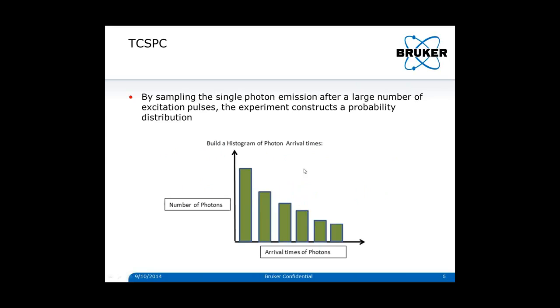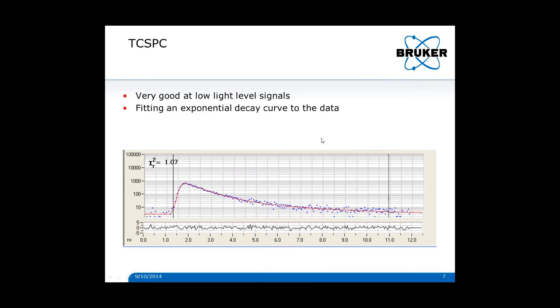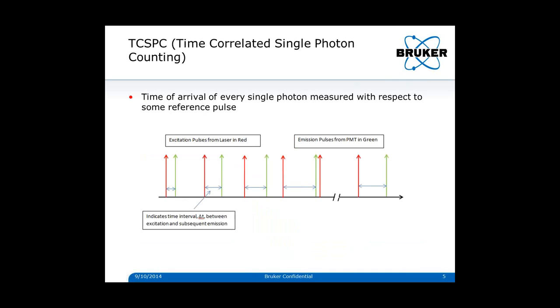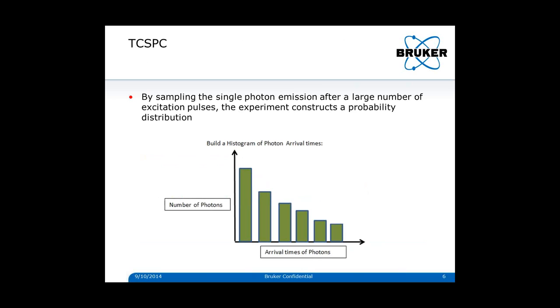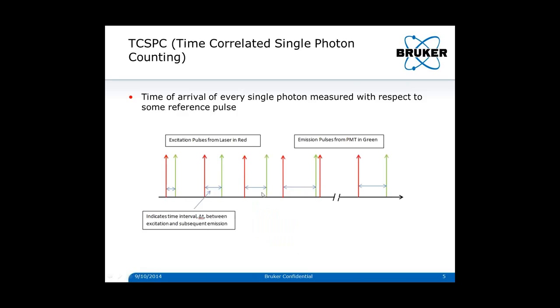And once we have a number of these events, we can actually build a histogram. So what we do is we sample the single photon emissions for a large number of excitation pulses, and this helps us construct this histogram. What we have done is that this 12.5 nanoseconds here has been divided into 6 time intervals.